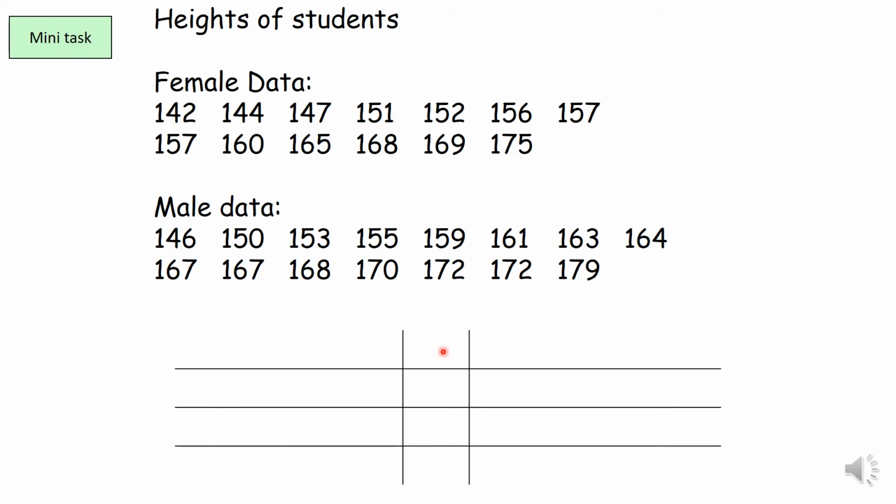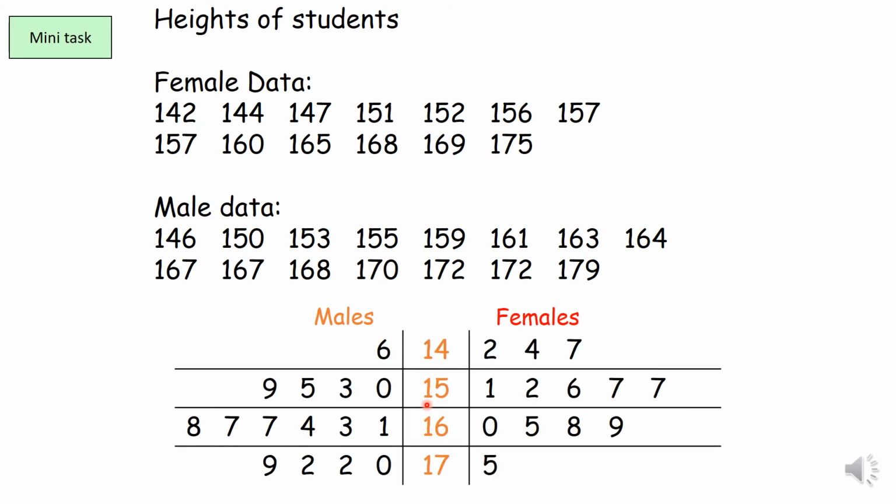Then decide what goes for your stem, and then put your leaves for your female and male. Okay, pause the video. Once you are ready, play it back again. Okay, so hopefully everybody has ended up with something like this.